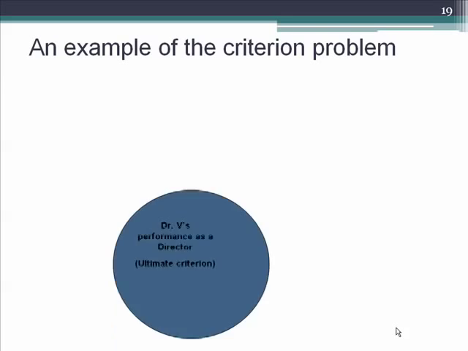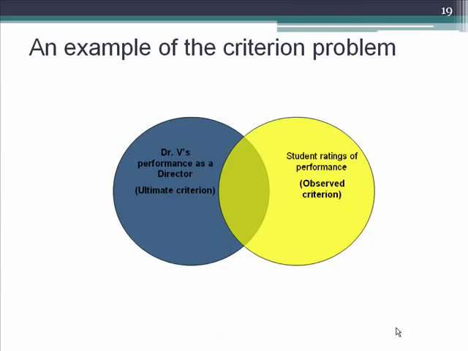Another way to look at this is by using student evaluations to measure my performance as a director at Brazosport College. My job basically is to teach, to supervise other faculty, to oversee tutoring and other roles. However, let's say that we actually only use student evaluations to measure all of these aspects of my job.